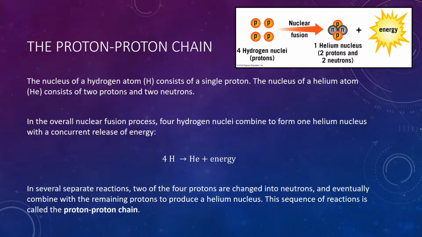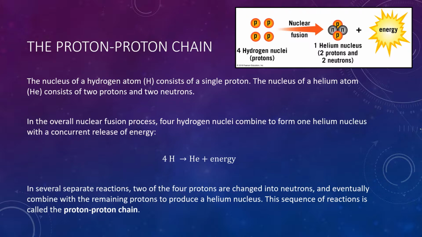So let's investigate this fusion process in the sun with a little bit more detail. Hydrogen nuclei are simply individual protons, while the most common form of helium consists of 2 protons and 2 neutrons. The overall hydrogen fusion reaction therefore transforms 4 individual protons into a helium nucleus containing 2 protons and 2 neutrons, like you can see in the image at the top.